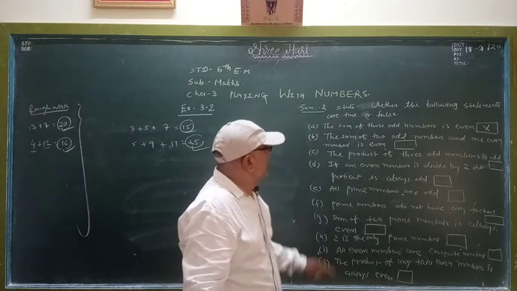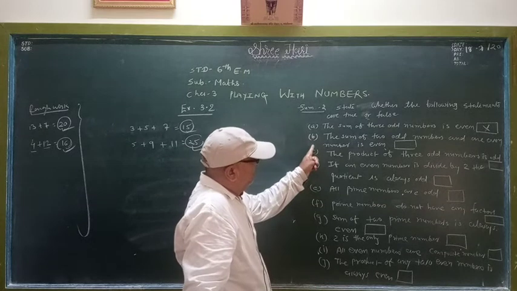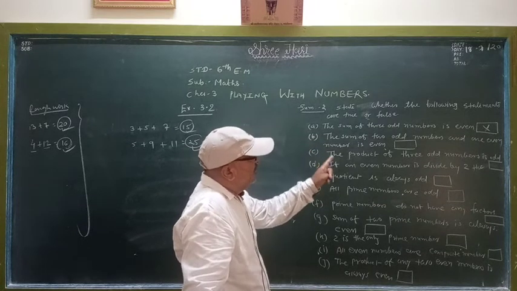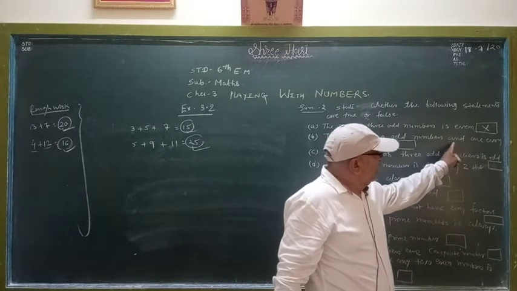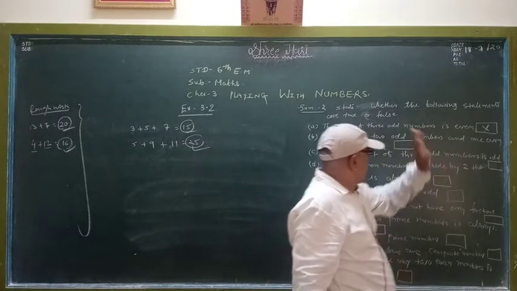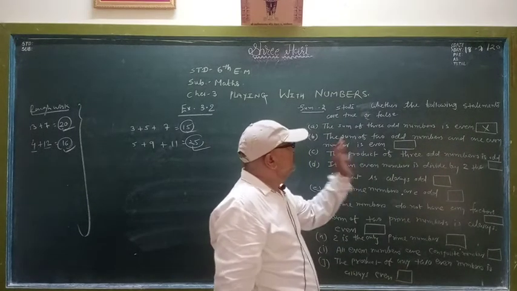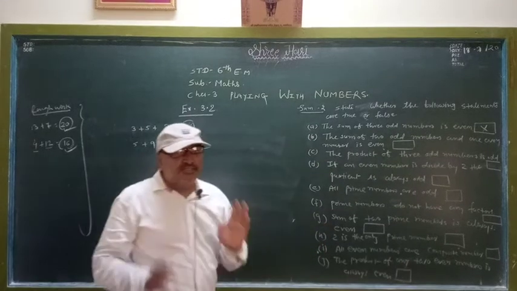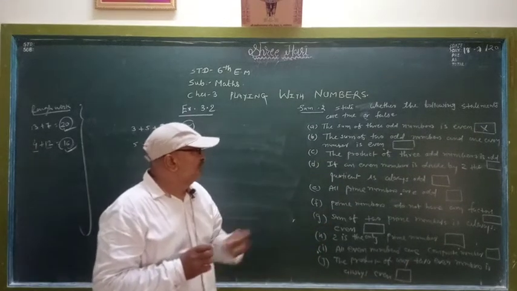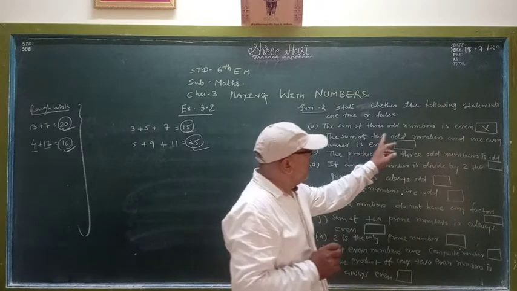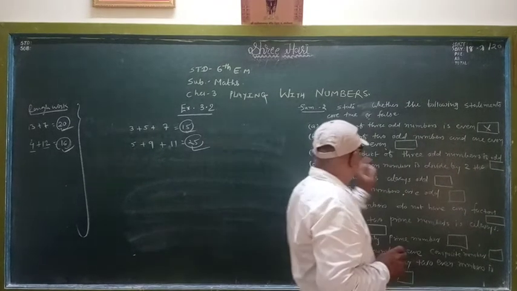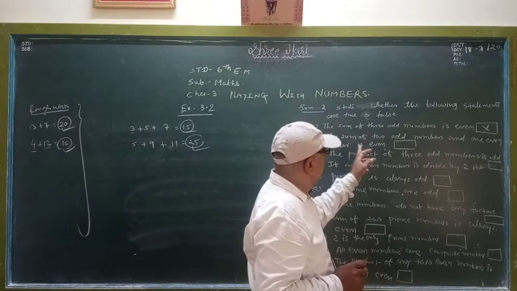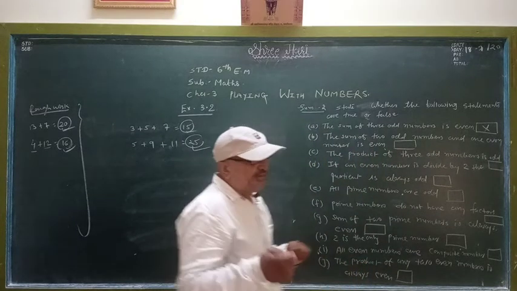Now statement B. The sum of two odd numbers and one even number is even. Listen carefully. Check it.